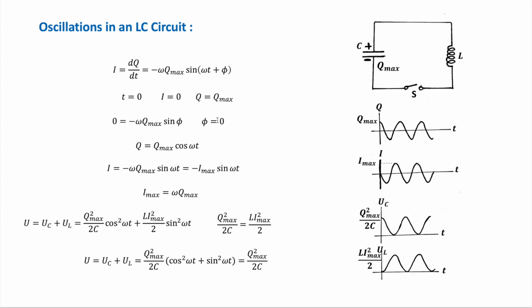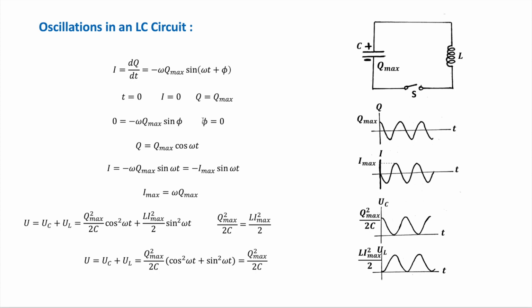Okay, so for this case, at t equals 0, I is equal to 0, and q is equal to q max. And so if we substitute in the equation for I, we get 0 is equal to minus omega q max sine phi, and we get the phase angle is equal to 0.